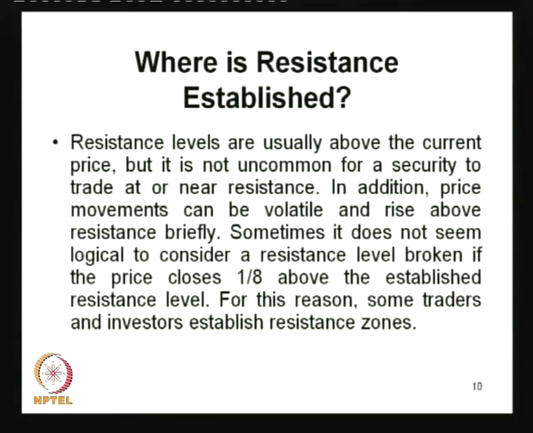In addition, price movements can be volatile and rise above the resistance briefly. Sometimes it does not seem logical to consider a resistance level broken if the price closes 1/8 above the established resistance level. For this reason, some traders and investors establish resistance zones.